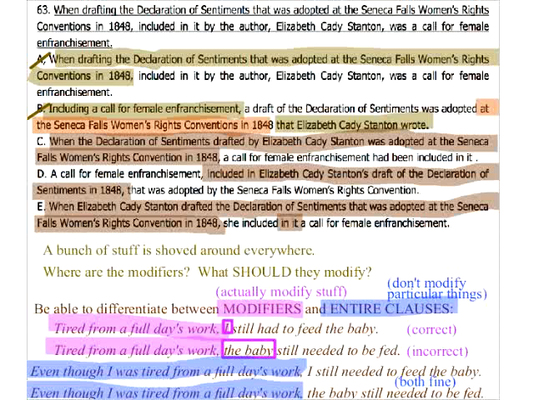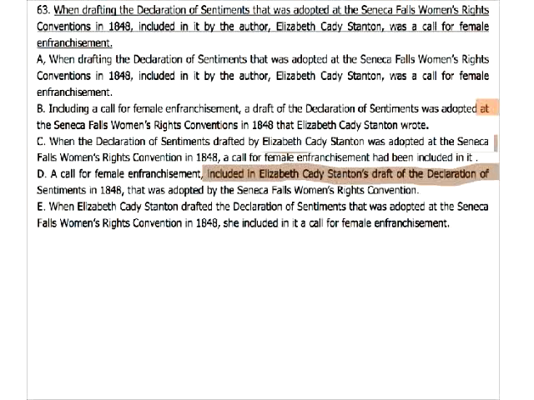Yeah, D is not a sentence again. So we had all these non-sentences last time. We're going to have that again. So let's take this to the next page. So let's look at C and D. Well, D is not a sentence because you've got a call for female enfranchisement included in blah, blah, blah is a modifier, and that was adopted as another modifier.